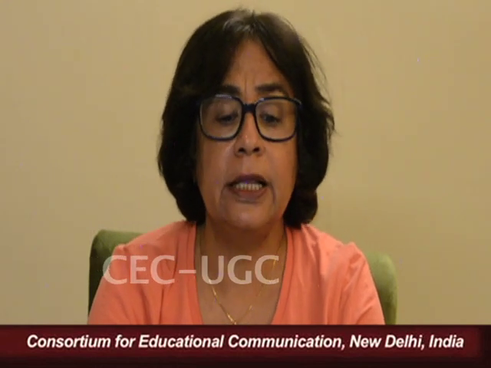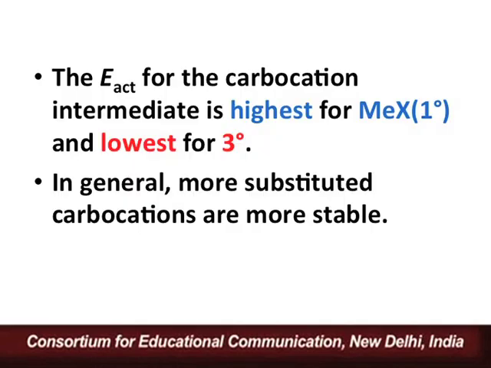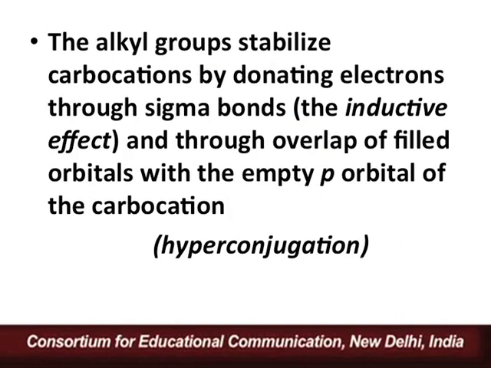We know that the energy of activation for formation of methyl carbocation is highest, and it is least for formation of tertiary carbocations. In general, we can say that more substituted carbocations are more stable.